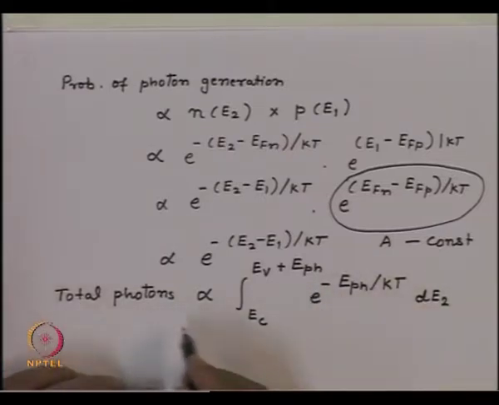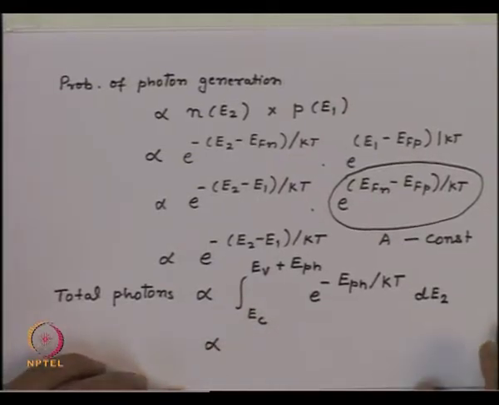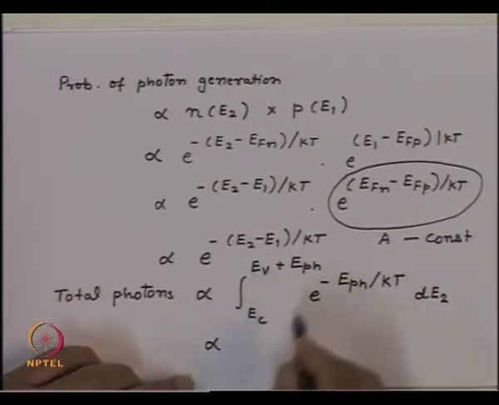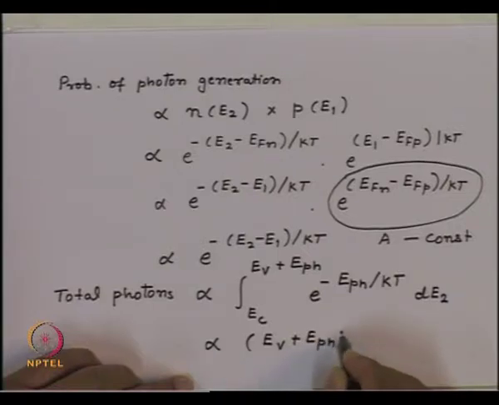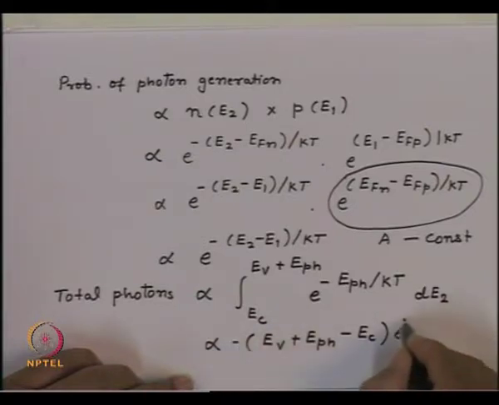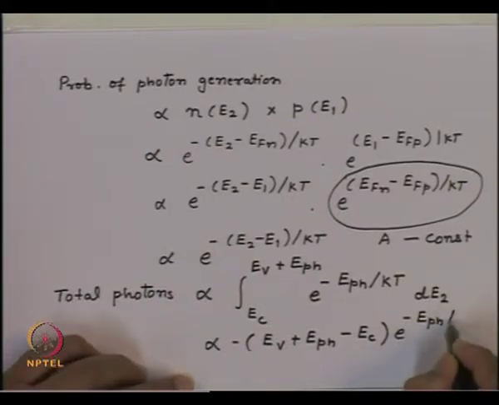So the total number of photons emitted at a given frequency or energy, which is E photon, is essentially given by EV plus EPH minus EC, minus e to the power minus EPH divided by kT.